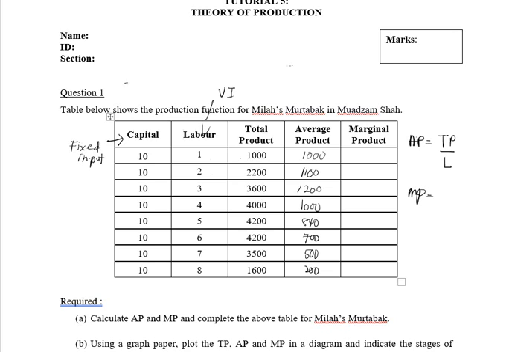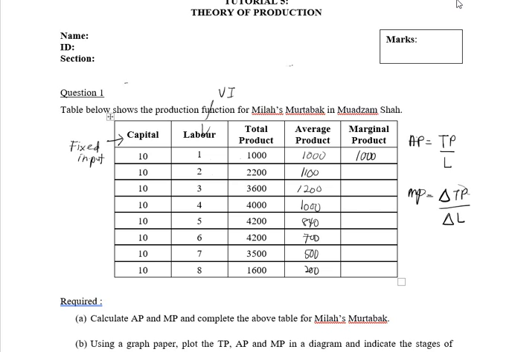To calculate the marginal product, the change in total production must be divided by the change in the number of labor hired. The previous production would be 0, because with no labor, there is no production. So it is 1000 minus 0 for the change in total product, and 1 minus 0 for the change in labor. So you get 1000 for the first marginal product.